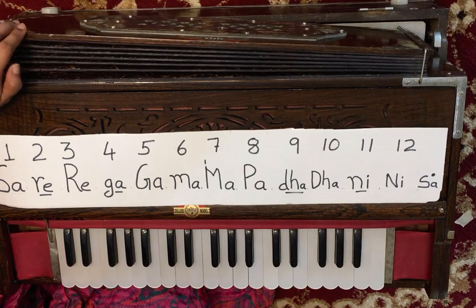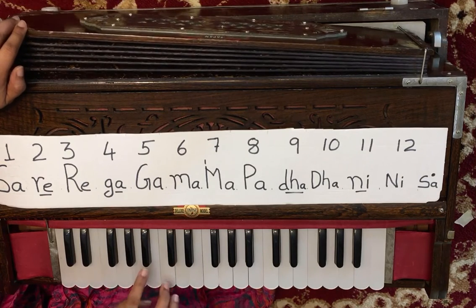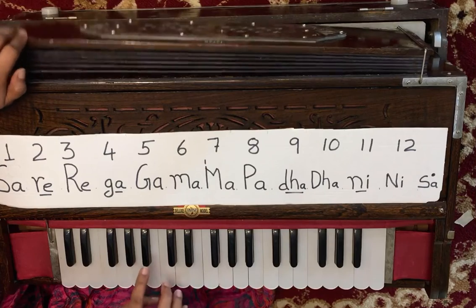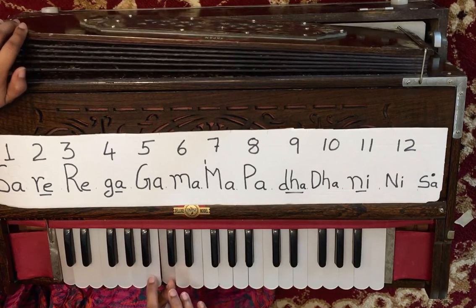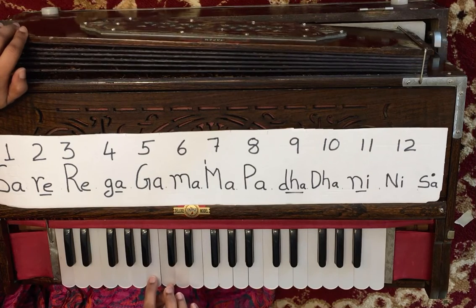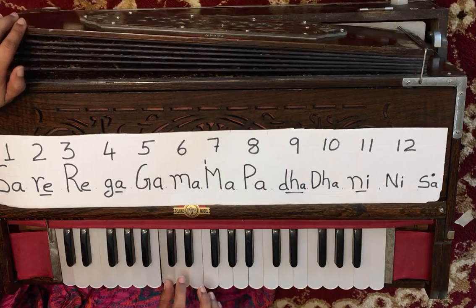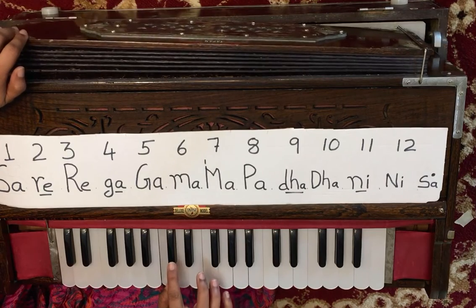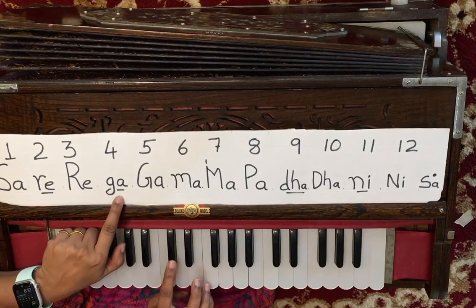Komal, the word itself basically means something that is softer, something that is flat or minor. So between sa and re, the note that we skipped here is called a komal re. Similarly, between re and ga, the note that we skipped here is called a komal ga.